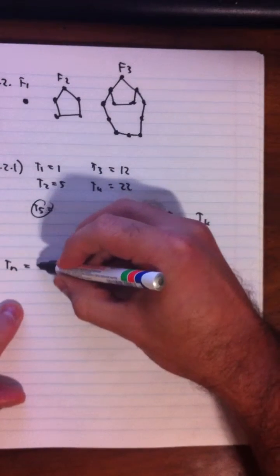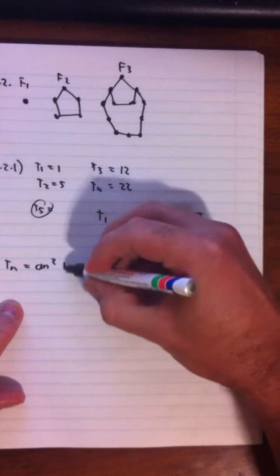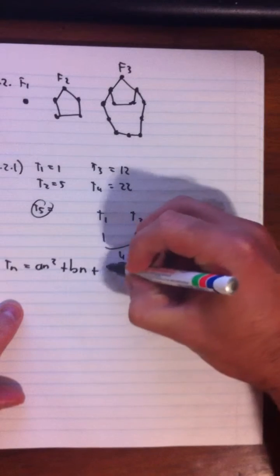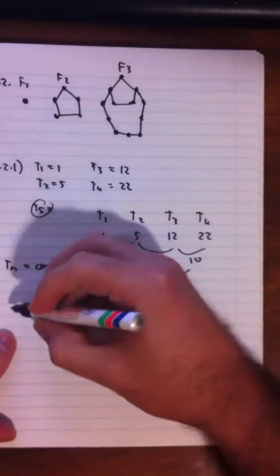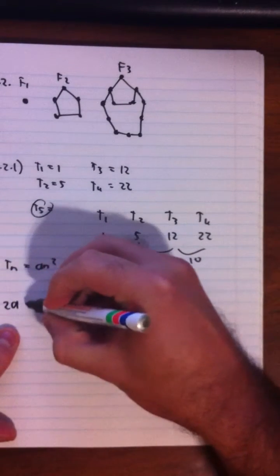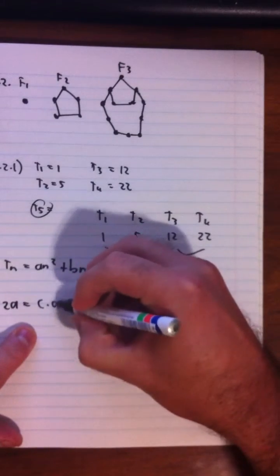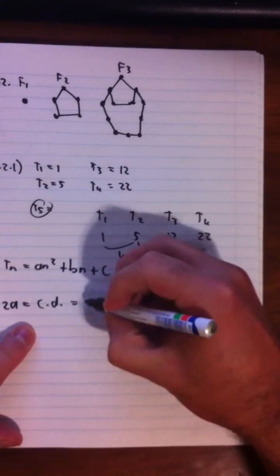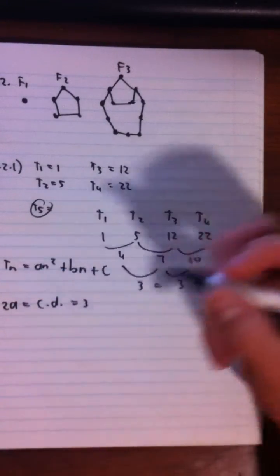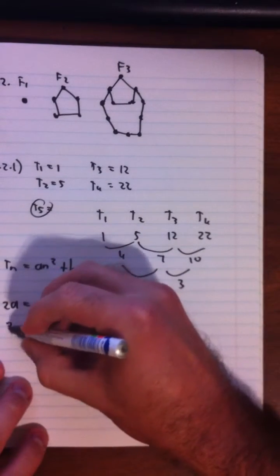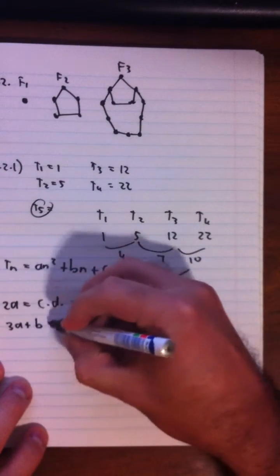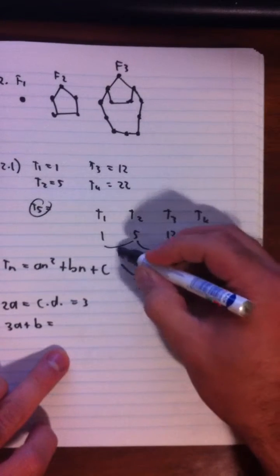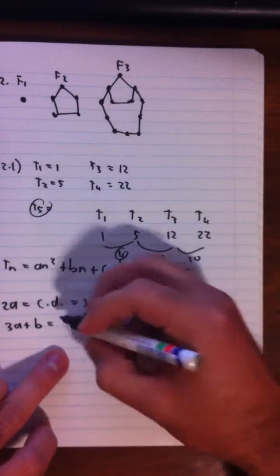Quadratic sequence has the form an squared plus bn plus c, where 2a is equal to the common difference, which in this case is 3. We know that 3a plus b is equal to that first difference.